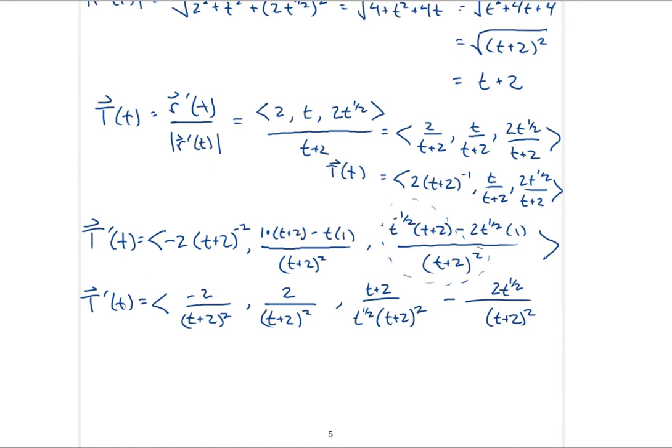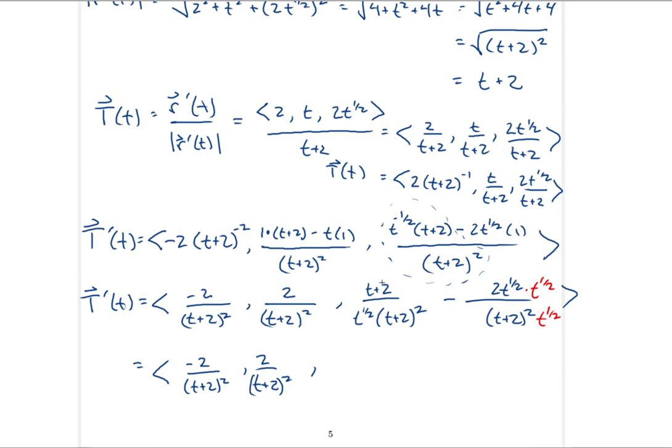To get a common denominator though, I could multiply by t to the 1/2 on top and bottom. And then I would have that common denominator that I want. So here's my t prime. So we're going to have, this is going to become 2t.